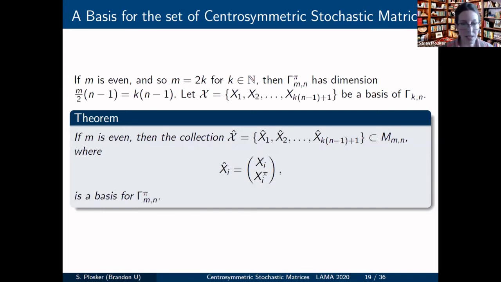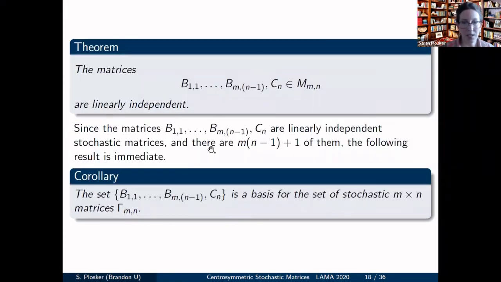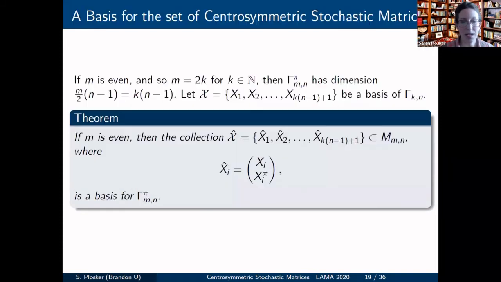If m is even, it's kind of the natural thing to do. So if m is even, say 2k, then you just look at the basis that we just created for dimension k. So you replace m with k, and then you plop that in as the upper block of your matrix, and then below that, you just rotate that matrix by 180 degrees.